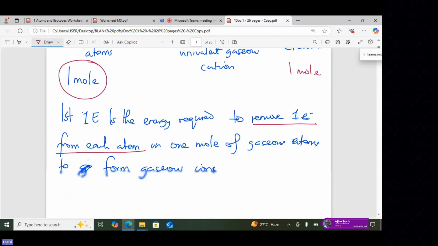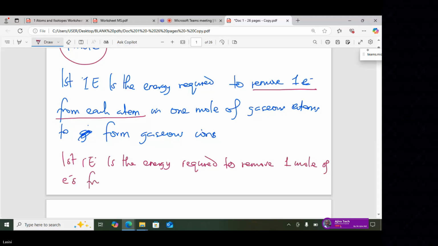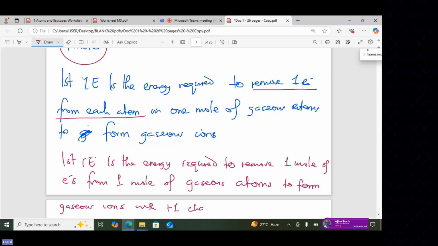Now let's look at another one. First IE is the energy required, pay attention, to remove 1 mole of electrons from 1 mole of gaseous atoms to form gaseous ions with +1 charge.